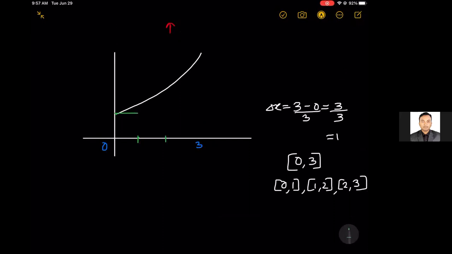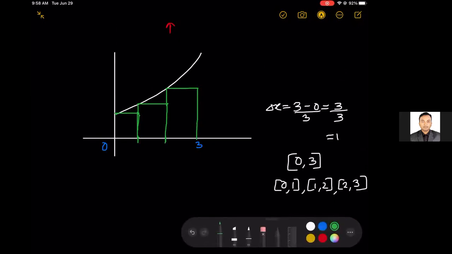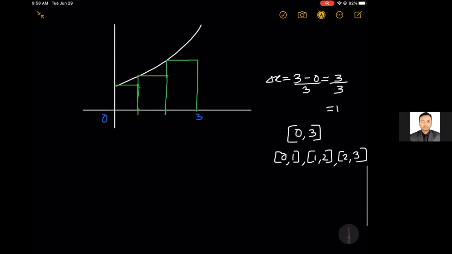So we'll go to 1 and draw a rectangle. Then we'll go to 2 and draw a rectangle. Then we'll go to 3 and draw our final rectangle. Right? And the length, of course, we know, and we have already found out it's actually 1. All we need now is the height.